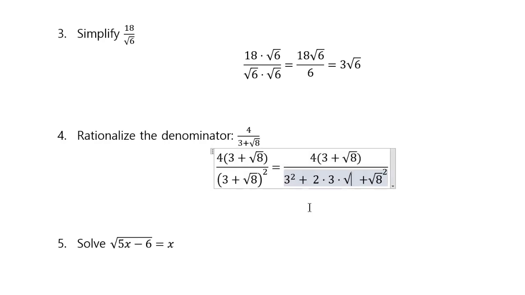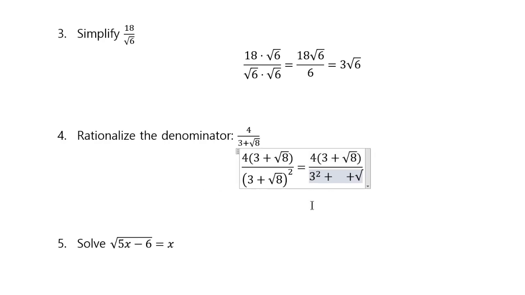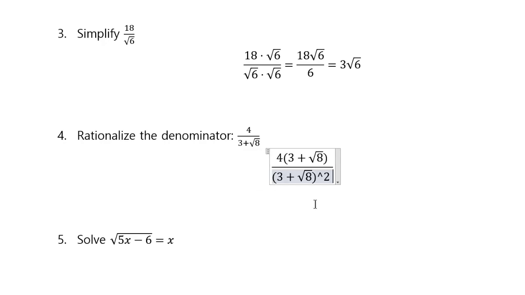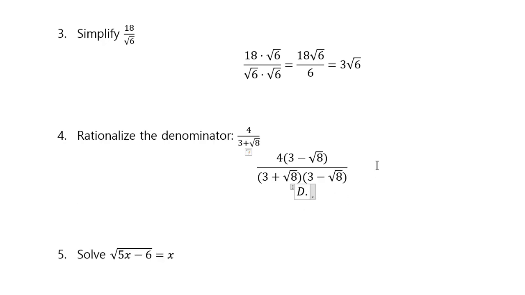And the different strategy is, let me just delete everything here. So instead of multiplying 3 plus square root of 8 top and bottom, you want to multiply 3 minus square root of 8 top and bottom. And the reason for that is because of the difference of two squares formula, the DOTS formula.